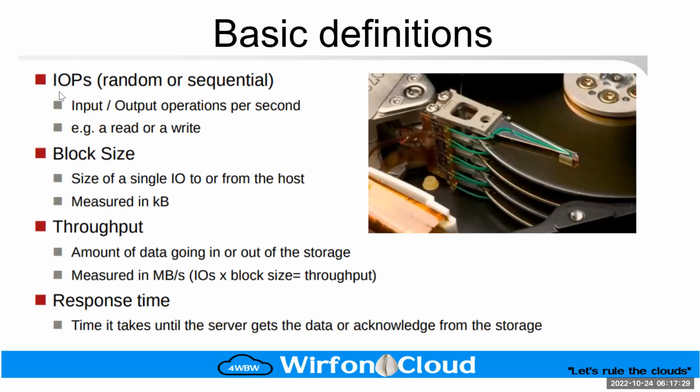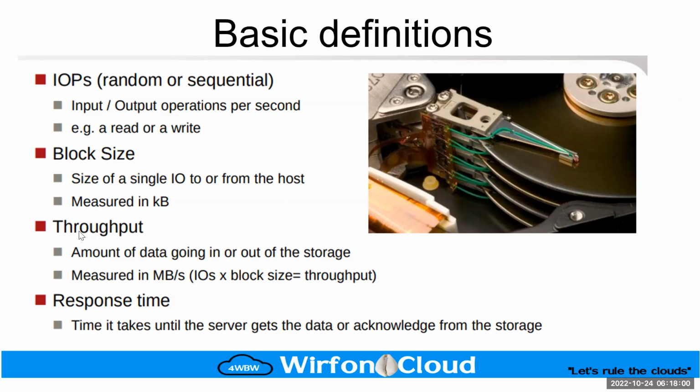So some basic definitions, especially as you will hear these a lot when we speak about block storage services in AWS. IOPS is basically input/output operations per second, which is read and write. Block size is the size of a single IO to and from the host, measured in KB.